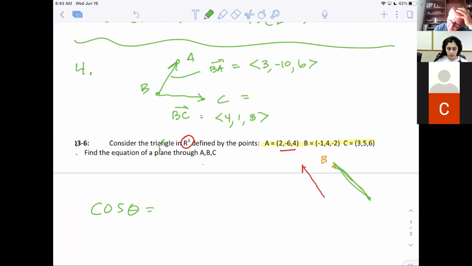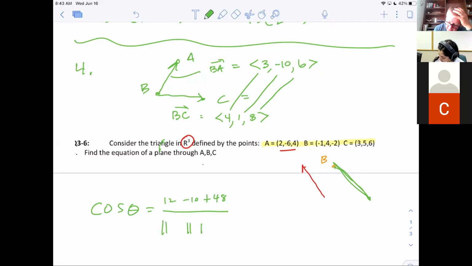Dot product is x times x, 4 times 3 is 12, plus 1 times 10, plus 8 times 6. So there's the answer to the top. And then on the bottom, I need the magnitude of those vectors, and I'm multiplying them by each other.